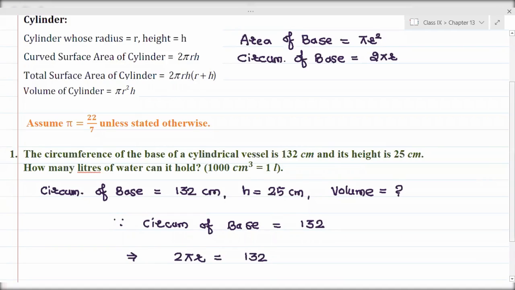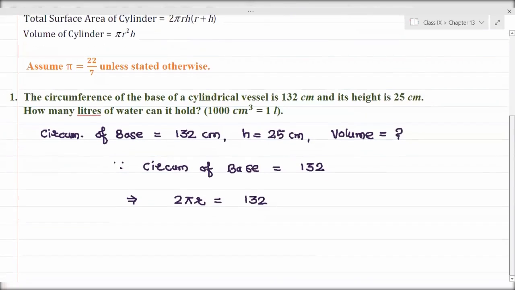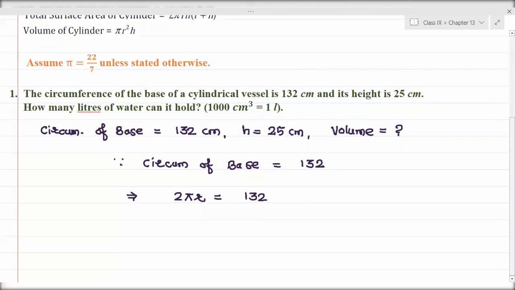Now remember, you have to keep the value of pi as 22 upon 7 until and unless stated otherwise. If the value of pi is given in the question, we shall use that value. Otherwise we shall put the value of pi as 22 upon 7.